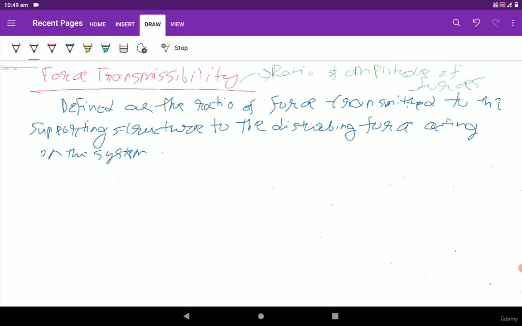So we can visualize it like this. Suppose there is a machine mounted on any surface. This is the working machine, and there is a force transmissibility from the machine to the structure.